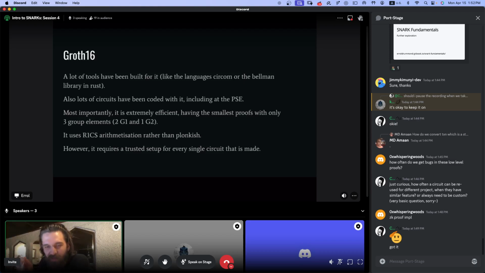One of the key drawbacks here is the trusted setup, which we briefly discussed last session. Some SNARKs you have to prepare to make proofs. You've got to do some setup in the beginning. In the case of Groth 16, you have to do this setup phase for every single circuit.